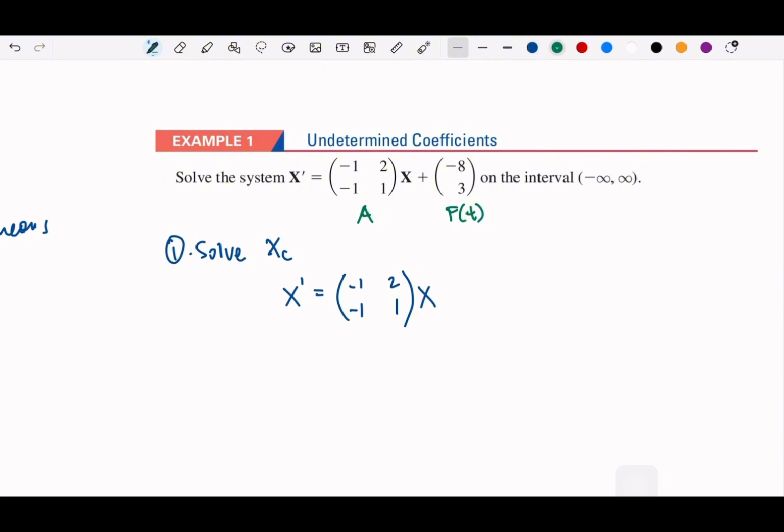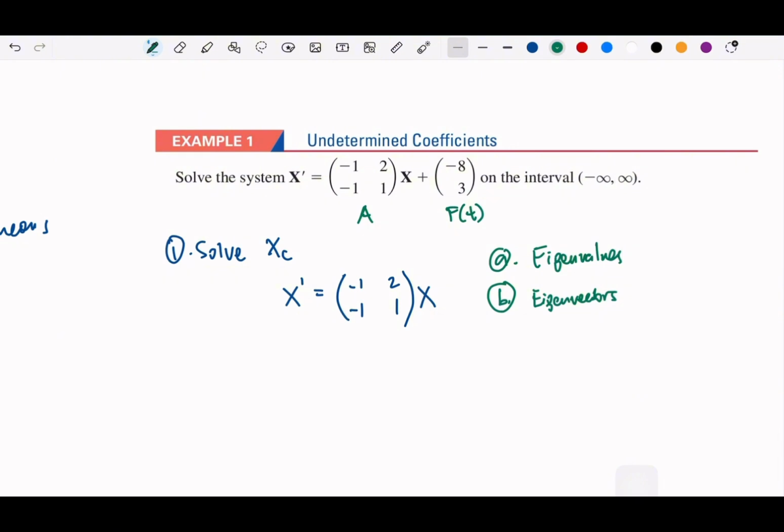And how to solve this? Basically, let me write here. To solve this, we need to find the eigenvalues, and then, if it has eigenvectors, we can find the eigenvectors. If it is diagonalizable, we can use diagonalization.